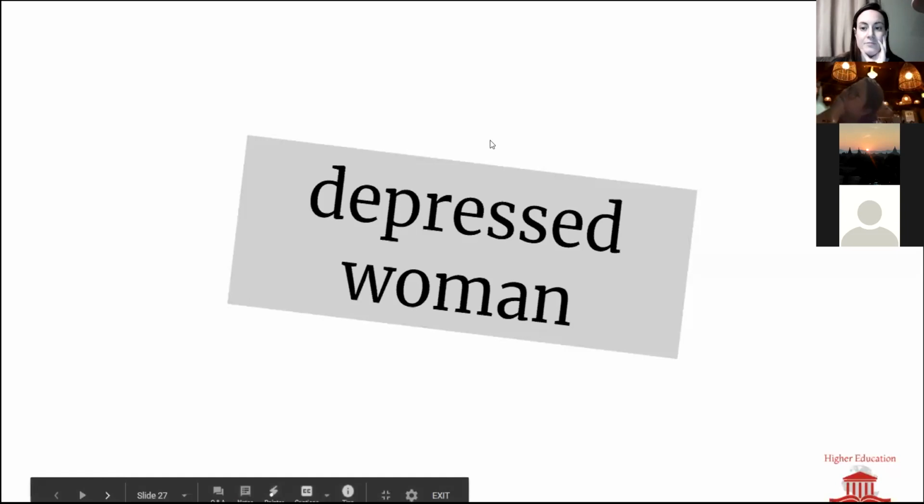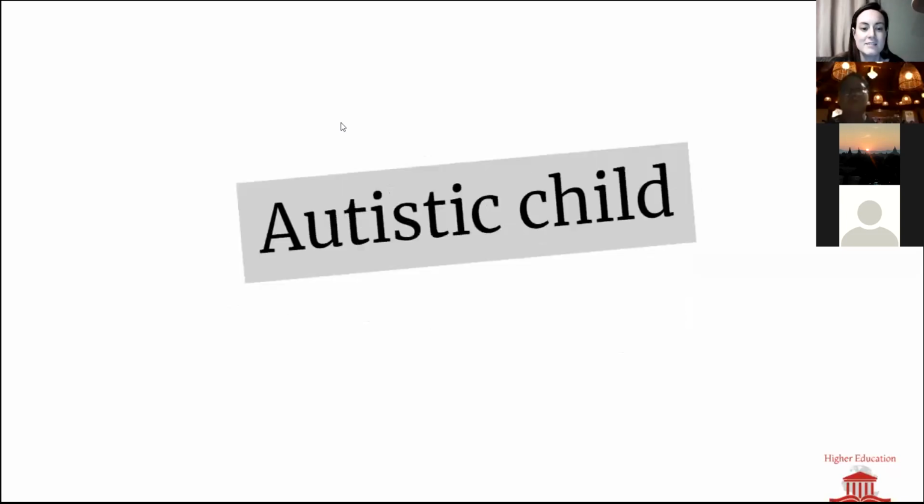Okay, good. Autistic child. Woman who got depression, good. Autistic child, how can you make this more person first?